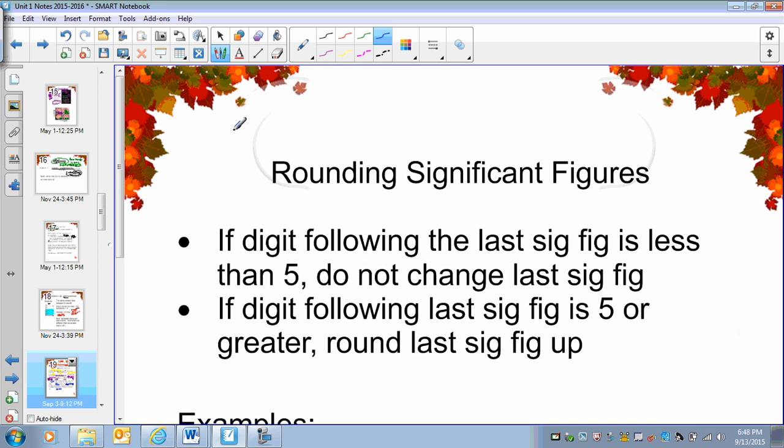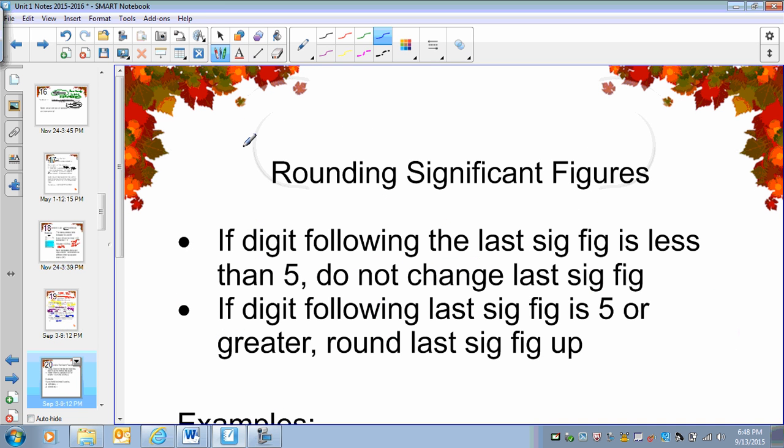The next thing you want to know is how to round the significant digits. The rounding rules are the same as you have ever learned before. If I have to round 673.8 to 3 significant digits, my third significant digit is right here, 1, 2, 3. So if the number after it is 5 or more, I will round this up to make it 674.